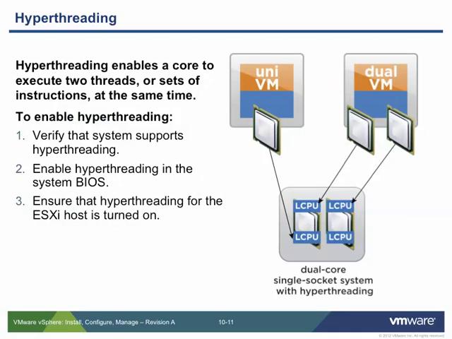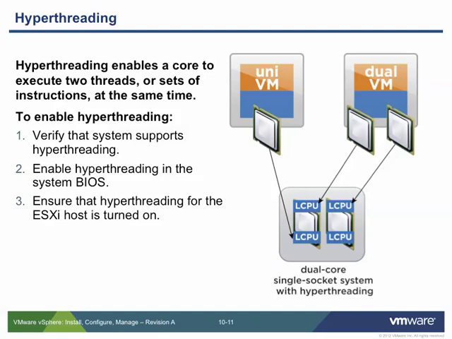What's more interesting though is when we get into hyperthreading. When you have a hyperthreaded system, it looks like multiple CPUs per core. You'll notice this if you look in Windows at the performance tab: if you have a dual core hyperthreaded system with a single socket, it'll actually show up as four processors.